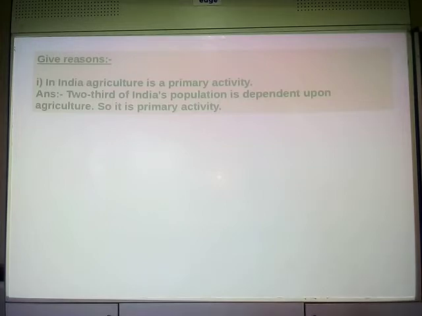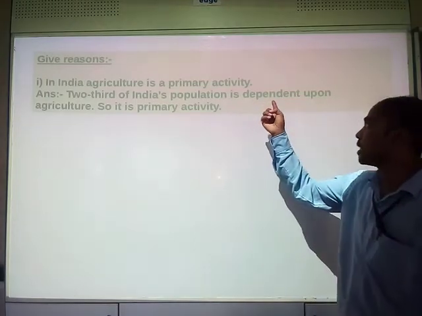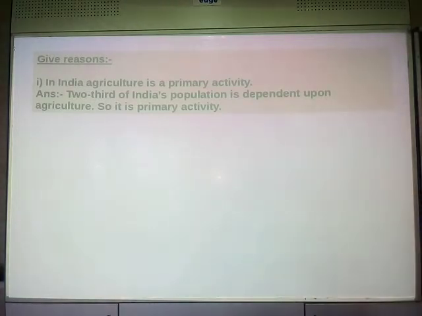A huge amount of population is dependent on agriculture. So it is a primary activity in our country. It is the basic activity and one of the important activities of our country.